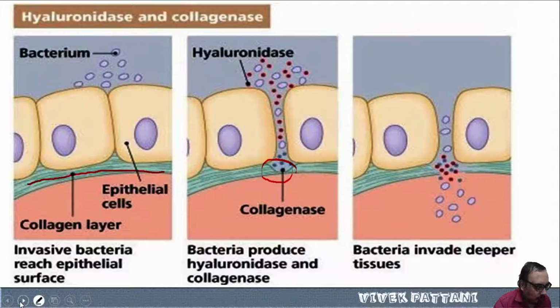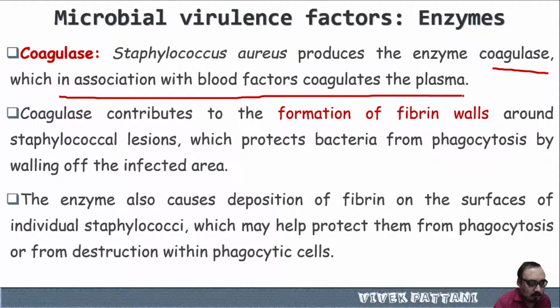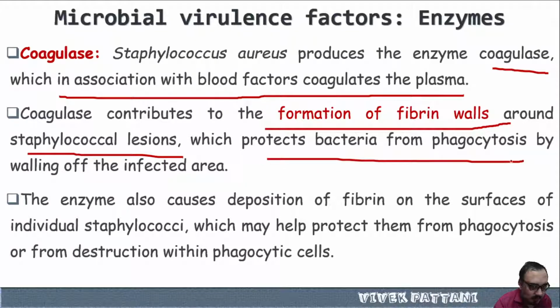Now moving forward with the next enzyme, coagulase. Staphylococcus aureus produces the enzyme coagulase, which in association with blood factors coagulates the plasma. The coagulation contributes to the formation of a fibrin wall around the staphylococcal lesions, which protects the bacteria from phagocytosis by walling off the infected area.